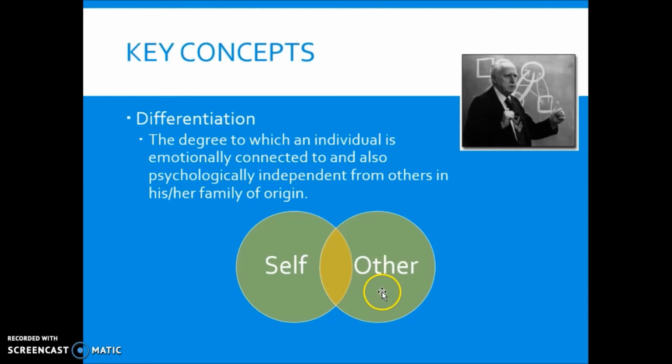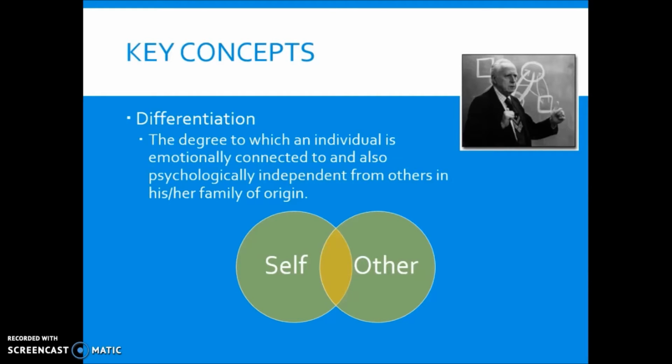Differentiation is the degree to which you're able to maintain a unique identity within yourself while also having a close relationship with others. If you are poorly differentiated, then that means there's not a good, clear boundary between you and your family members.